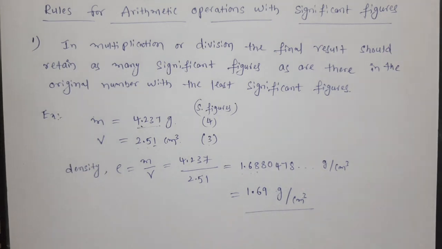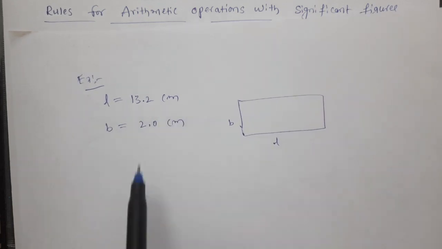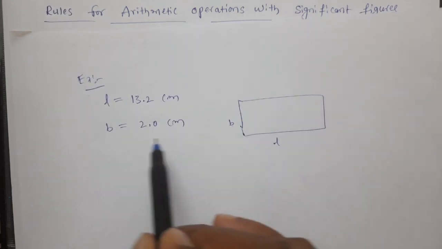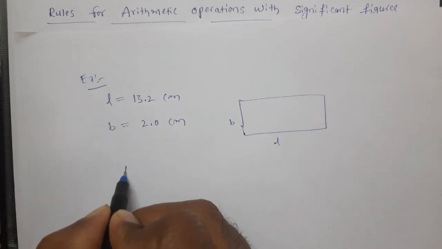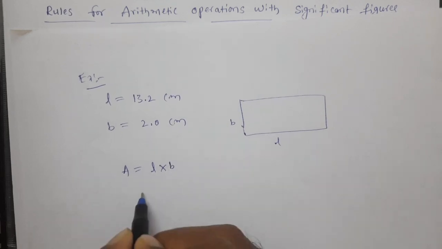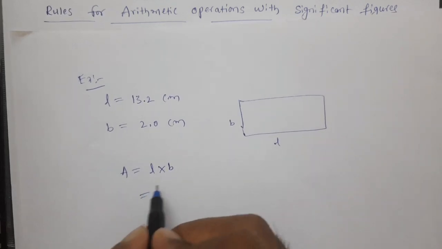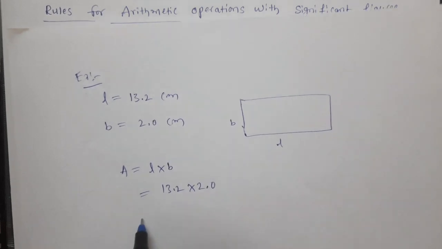Now I'll tell you another example for this. Here, let us take a rectangle which has length 13.2 centimeters and breadth only 2.0 centimeters. Now I want to find the area. So how much do we get? Area is L into B. L is 13.2 into 2.0.